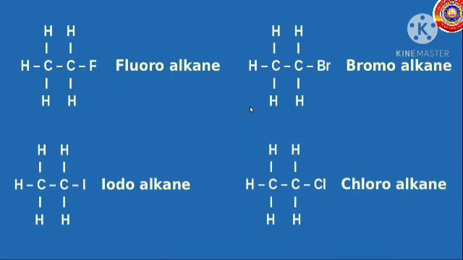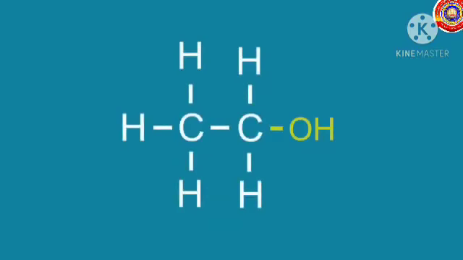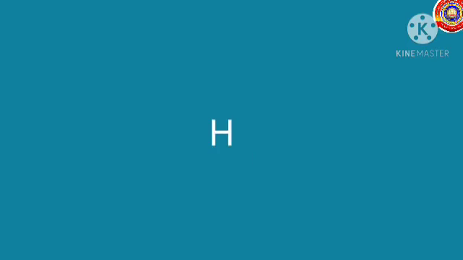See, the chemical and physical properties of all these compounds will be quite different from those of ethane. Understood? Let's see the structure of another compound. What comes instead of hydrogen in this? You can see a group of atoms, right? This OH group in this compound is called the hydroxyl group.